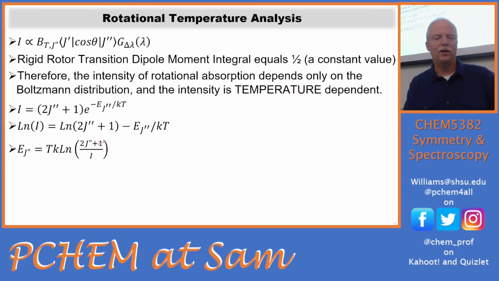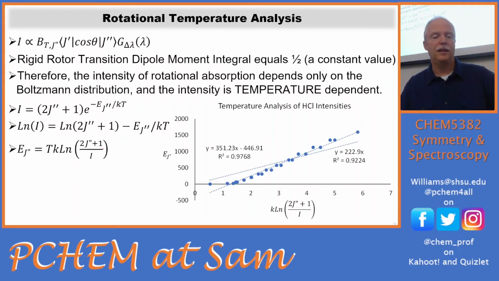So I have the natural log of 2J plus 1 over I, and then I brought that kT over to the other side. And so I have the energy as a function of the J values equal to the temperature times Boltzmann's constant times the natural log of this ratio of the degeneracy over the intensities of our peaks.